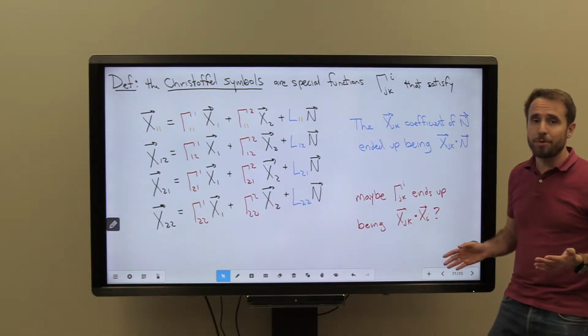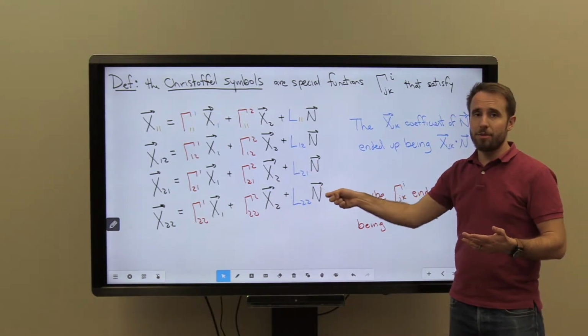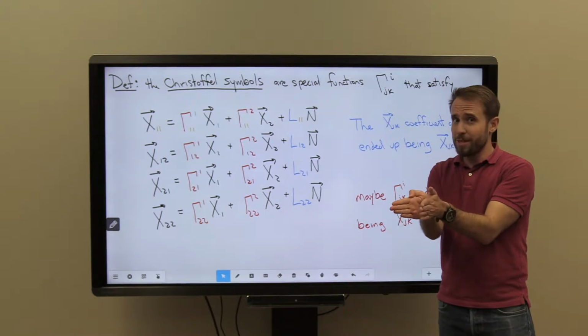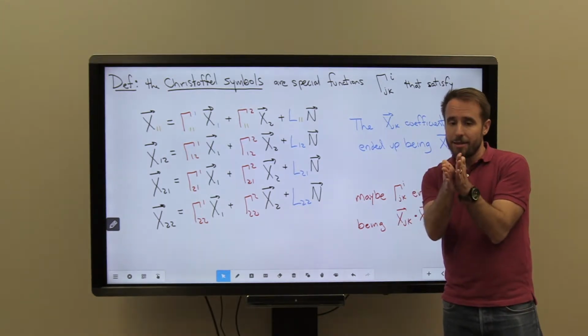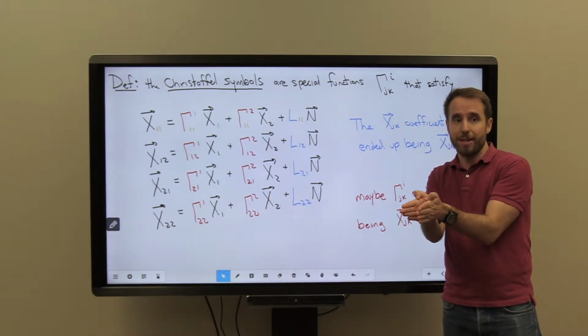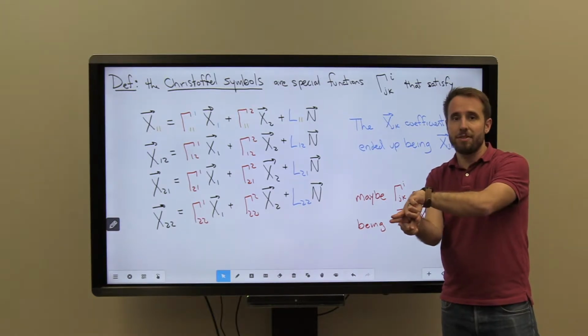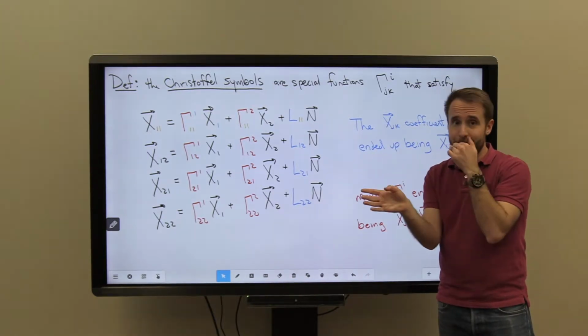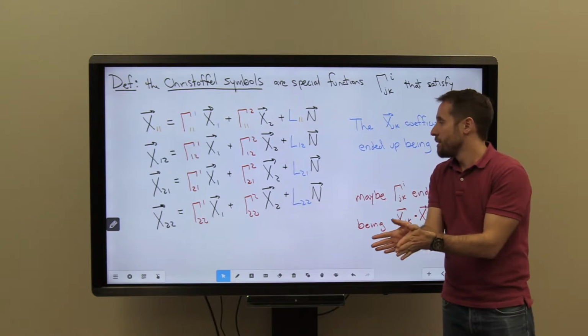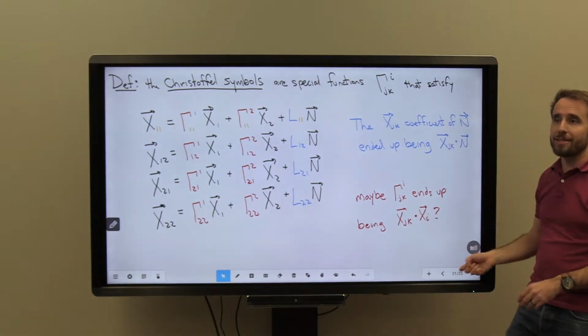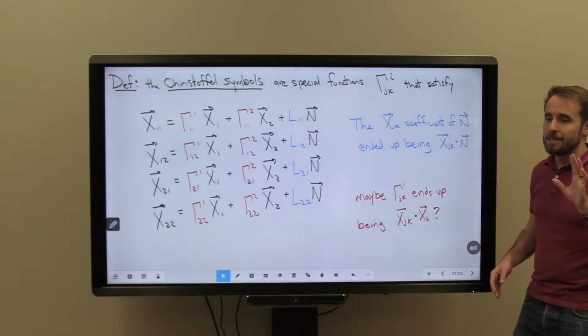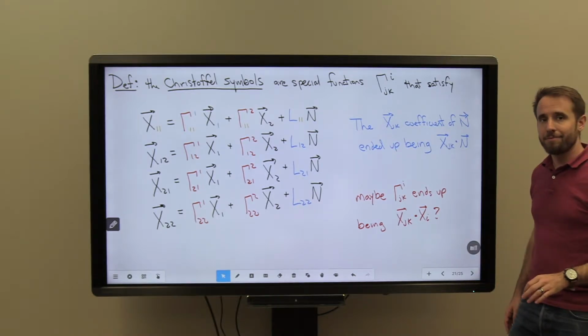But it's possible that our x sub 1 and our x sub 2 are themselves not perpendicular to each other. They might be pointing in kind of the same direction, right? They're just not directly on top of each other, that we know. But if they're not orthogonal, then this will not be the case. And so, unfortunately, we're not getting off that easy.